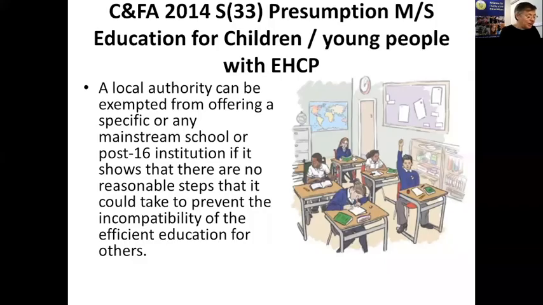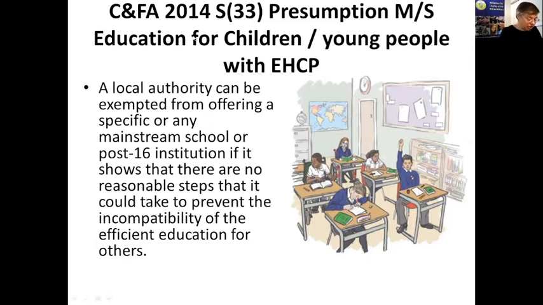A local authority can be exempt from offering a specific or any mainstream school or post-16 institution if it shows that there are no reasonable steps that it could take to prevent the incompatibility with the efficient education of others.